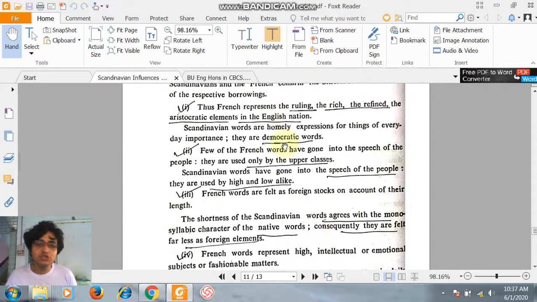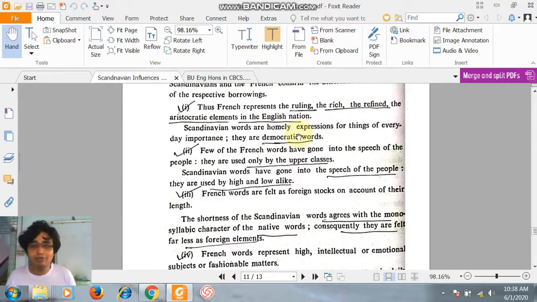Thus, French represents the ruling, the rich, the refined, the aristocratic elements in the English nation. Words from the areas of luxury, the judiciary, and the administration have been borrowed. While the Scandinavian words are much more homely expressions for things of everyday importance.